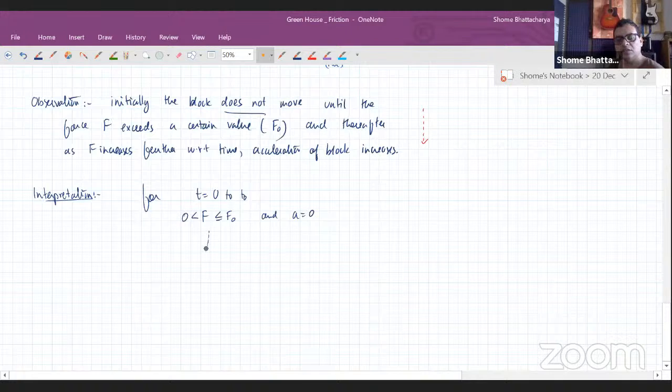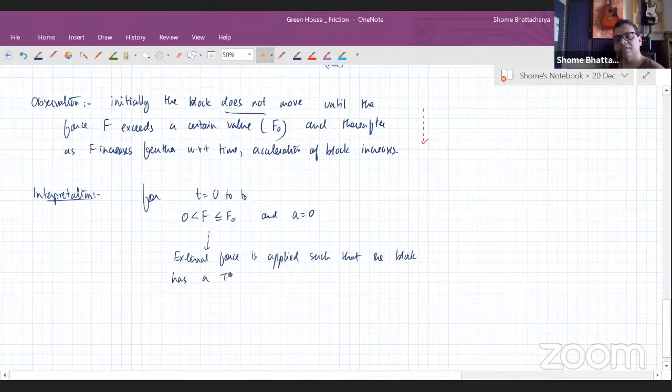So that means an external force is applied such that the block has a tendency to slip, but static friction is preventing slipping.